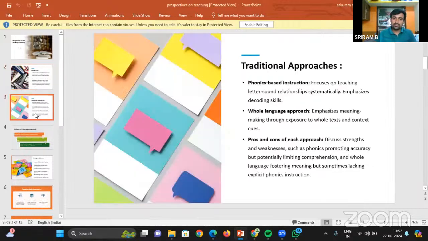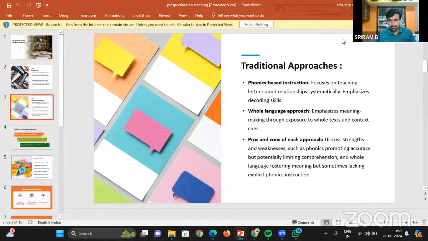Yeah, quickly move on to the second slide. Please read out. Traditional approaches. Phonics-based instruction focuses on teaching letter-sound relationships systematically, emphasizes decoding skills.